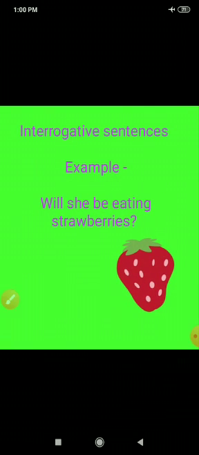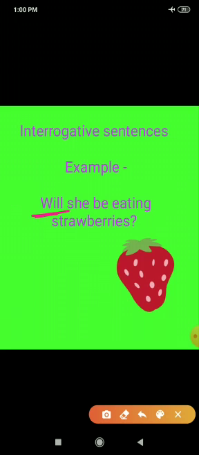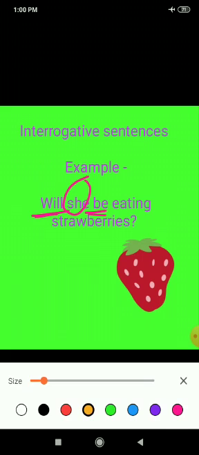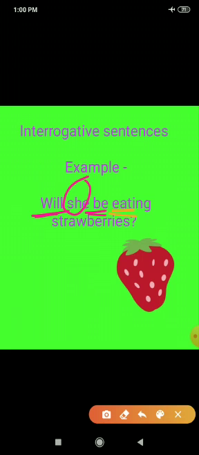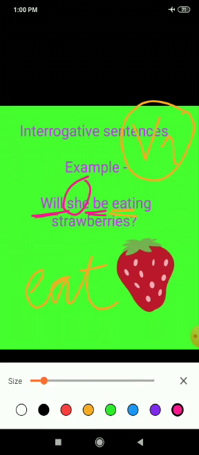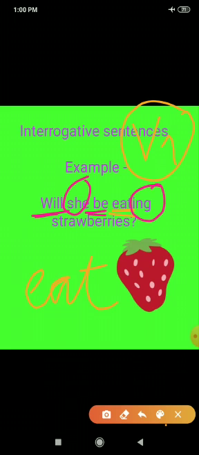And what about the interrogative sentence? The formula for asking a question in the future continuous tense is will or shall plus subject, in this case it is she, plus be plus root form of the verb, in this case it is eat, this is V1, and of course the ending ing.